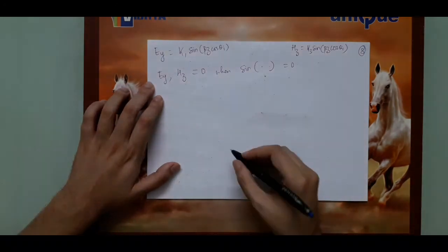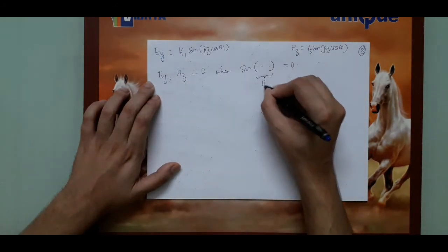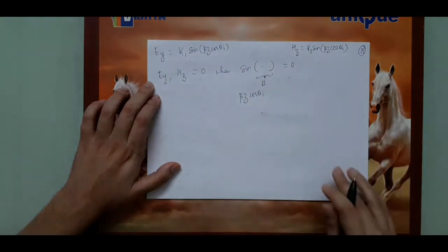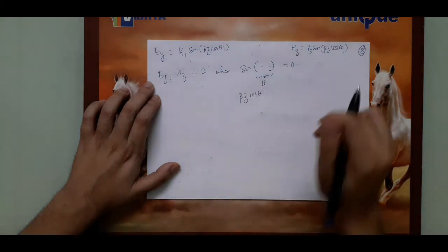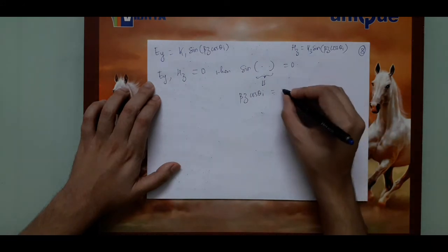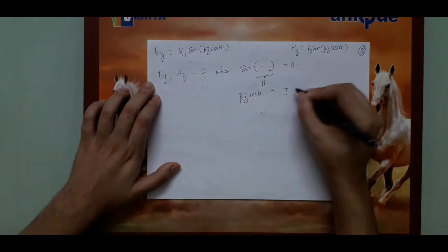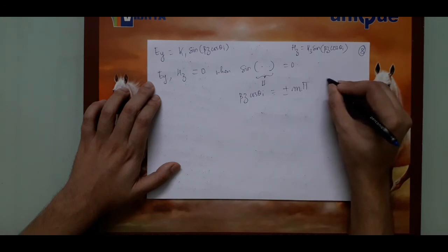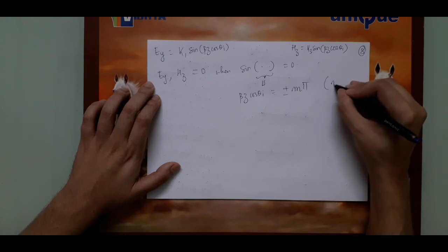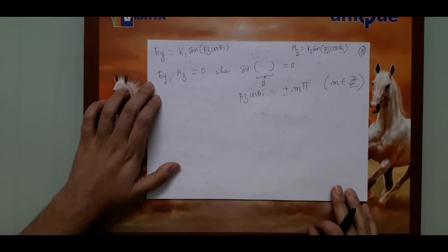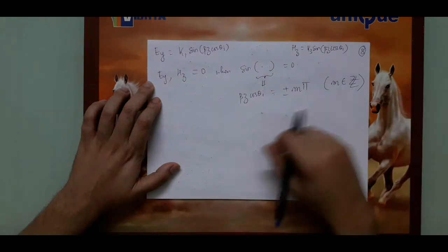So that means the argument of the sine, which is the same in both cases, beta z cos theta I, will be some positive or negative integer multiples of pi, where m can be any integer. Then I need not write the plus minus sign, that's okay.